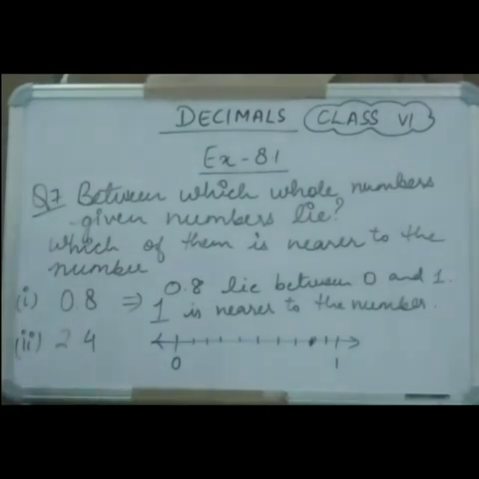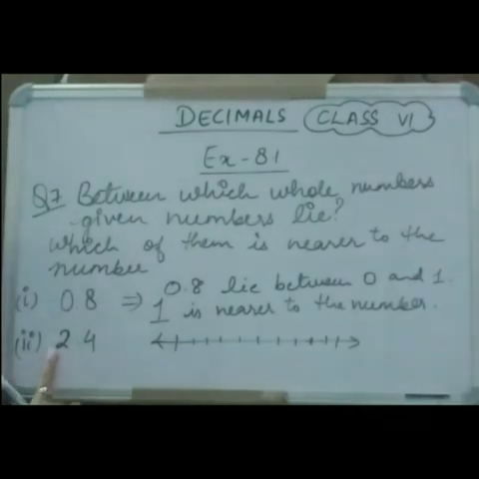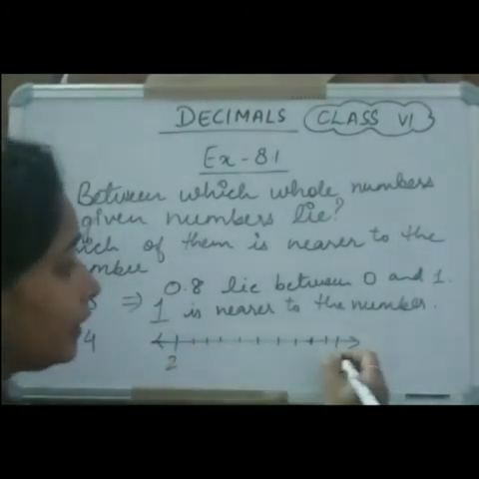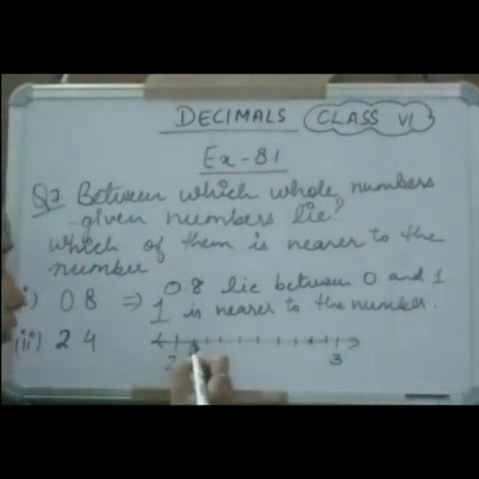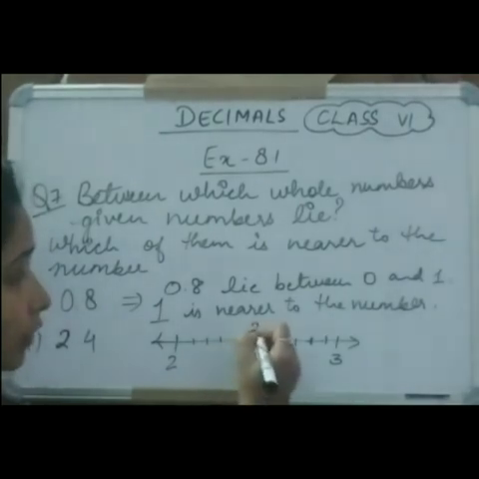Now come to the next one, 2.4. 2.4 means it will lie between 2 and 3. This I have told you earlier also. You will just see this number 2. It is greater than 2, and the next number after 2 is 3. So it will lie between 2 and 3. So 2.1, 2.2, 2.3, 2.4. It is lying here, 2.4.